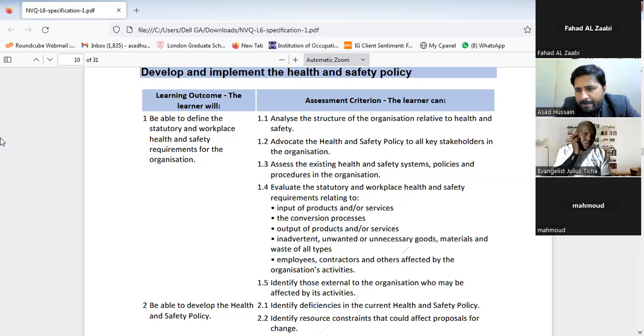Yes, because in our job description there are other specifics, but the health and safety part is also in the same job description. So I'm not sure if we have to remove everything and leave only the health and safety part and then submit that as evidence, or we can submit all of it, including everything. That's what I want to know.